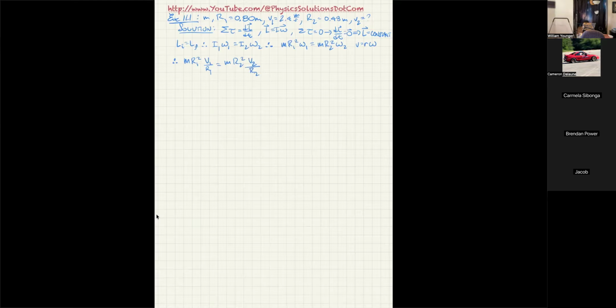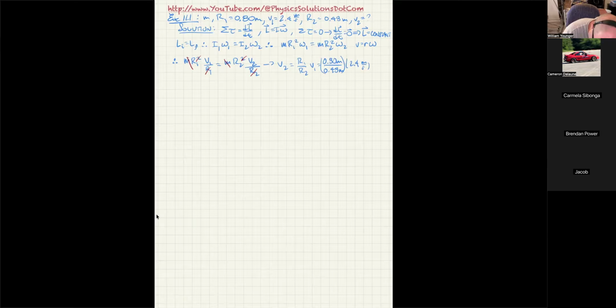And with that, you see the r2 cancels out with the squared, the r1 cancels out with the squared there, the m's cancel out, and ultimately we're just left with v2 is equal to r1 over r2 times v1, which will be equal to 0.80 meters over 0.48 meters times v1, which is 2.4 meters per second.